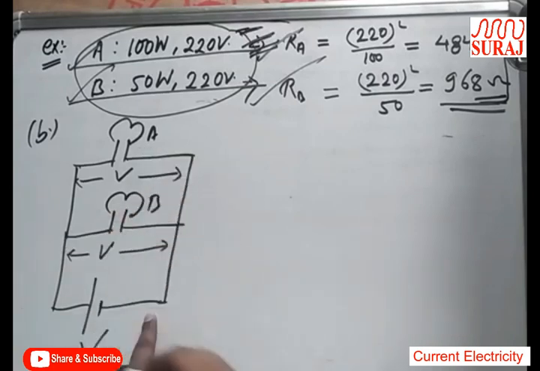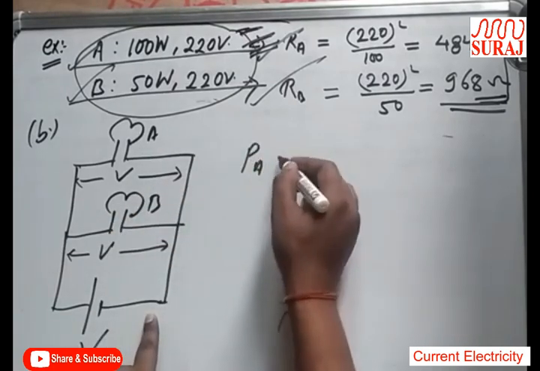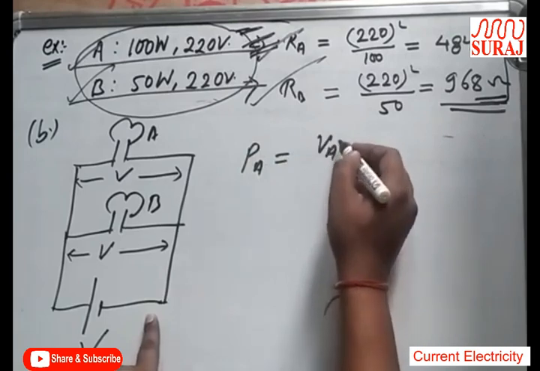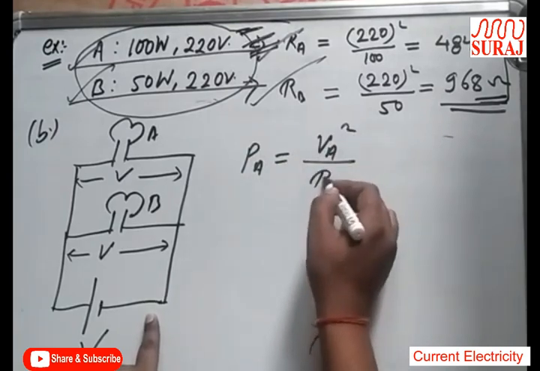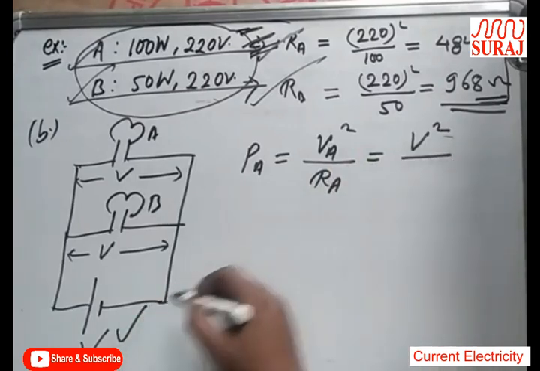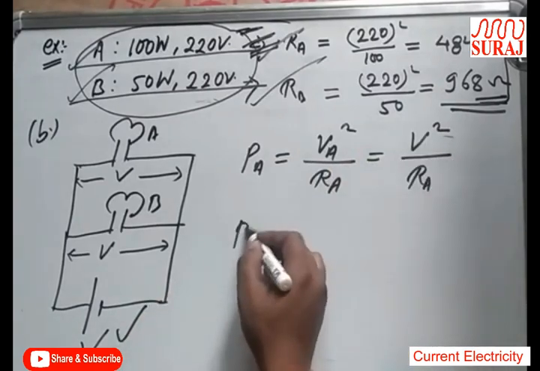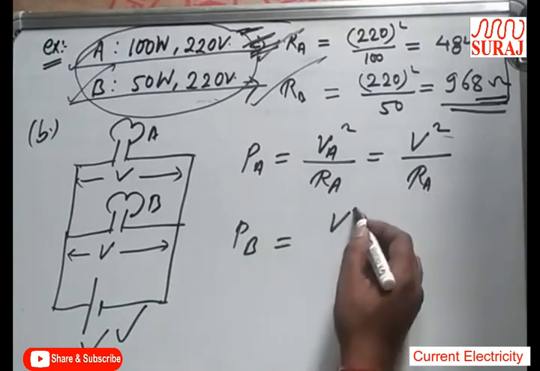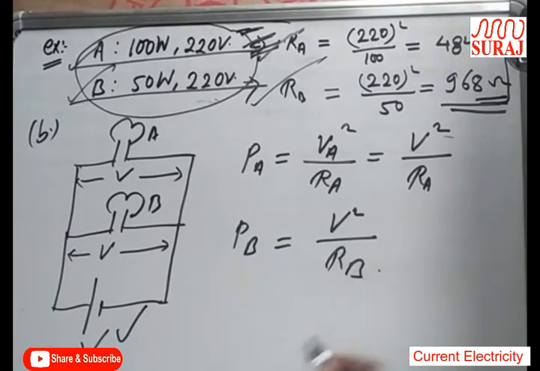Now in this case, the power dissipation in A can be written as VA squared by RA, where the voltage drop across A is the same as the applied voltage. Similarly, the power dissipated in B will be V squared by RB.